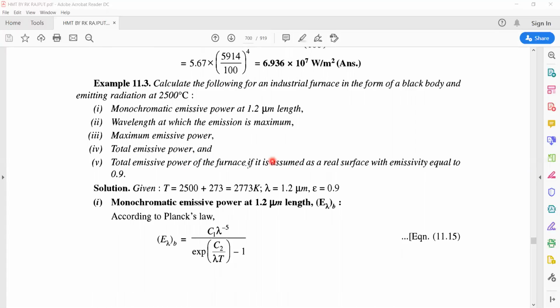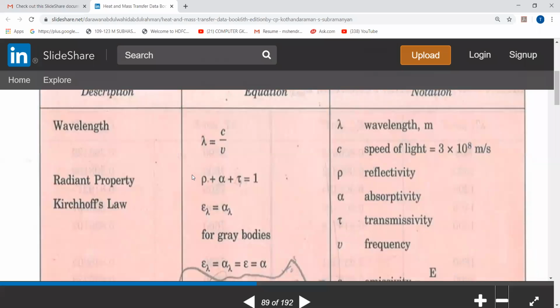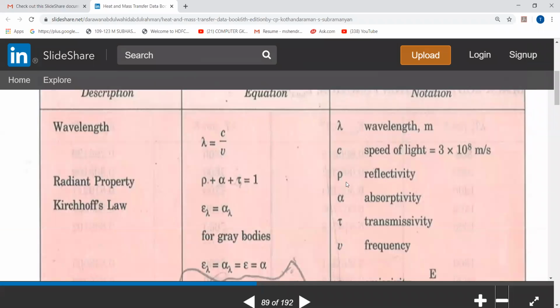Okay, fine. The monochromatic emissive power. Whenever he asks us to calculate the monochromatic emissive power, that is E suffix T lambda, the monochromatic emissive power of a black body, it is defined by Planck's law. If you are unable to remember this equation, just go to the data handbook, page number 81 for radiation.